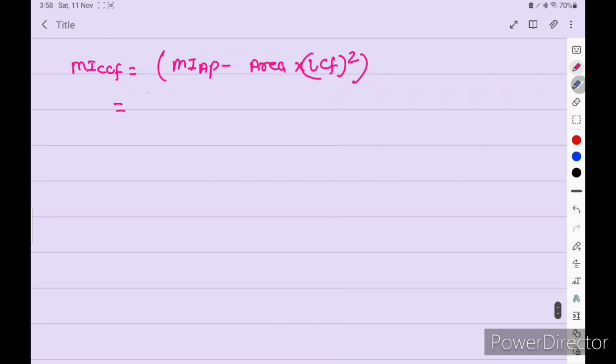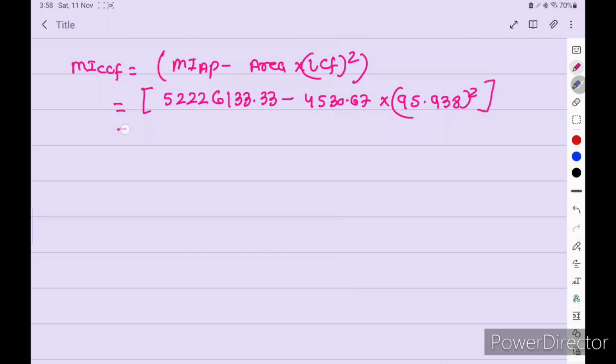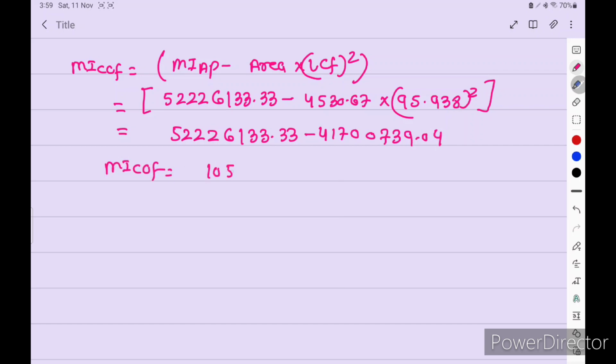Now put the value in the formula. 52226133.33 minus 4530.67 into 95.938 square, equal to 52226133.33 minus 41700739.04. So MI center of rotation is equal to 10525394.29.